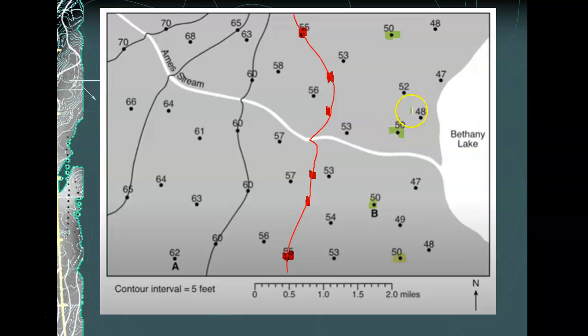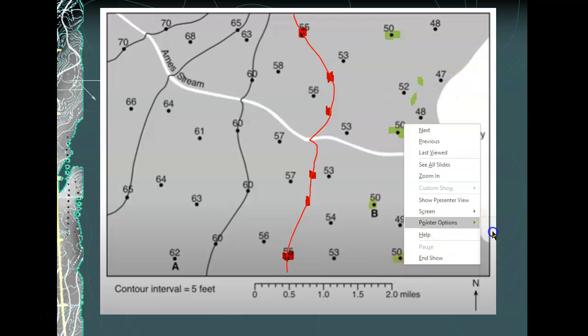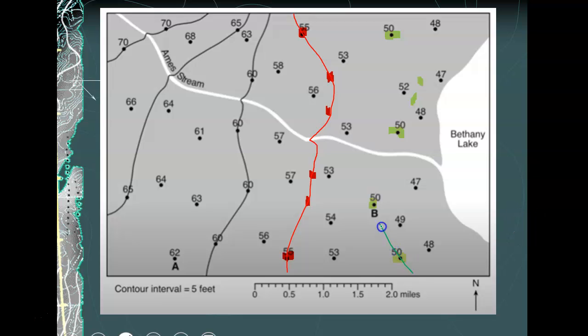But I have to go through this way, right here, up through here, because 52, 48, 47. So let me just switch back to my pen and do that. Point up, it's crossing the river, point upstream, and there we go.